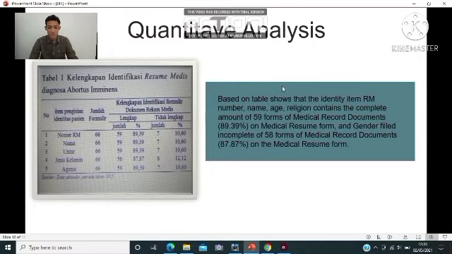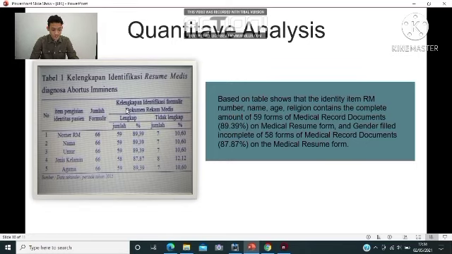Based on the tables, the identity items of the medical record, number, name, age, religion, are complete in 59 forms of medical record documents, 89.39% on the medical resume form, and the gender field is incomplete in 58 forms of medical record documents, 87% on the medical resume form.